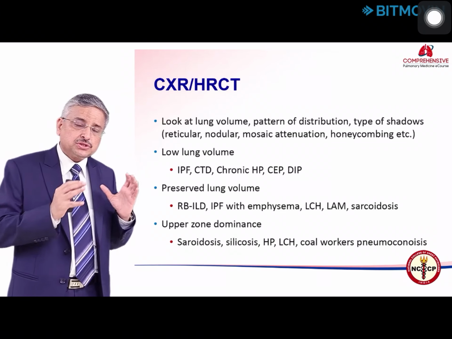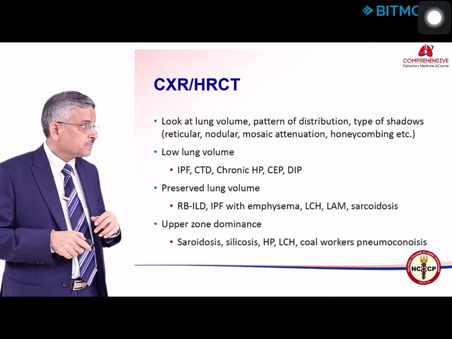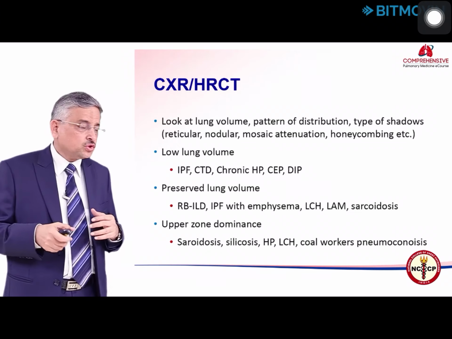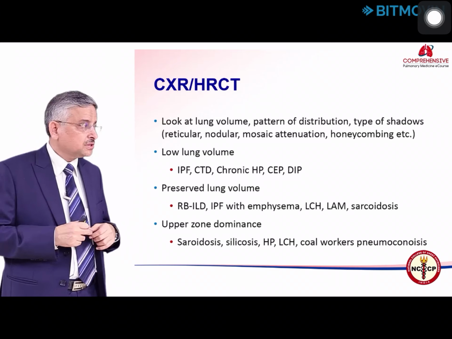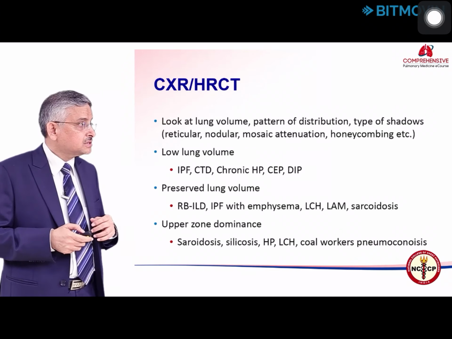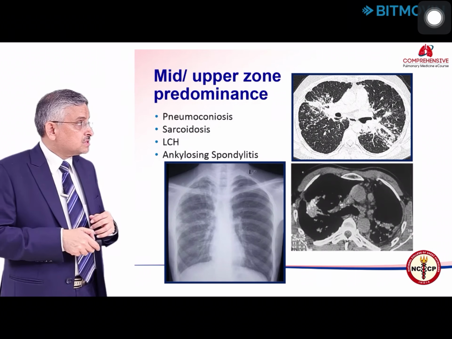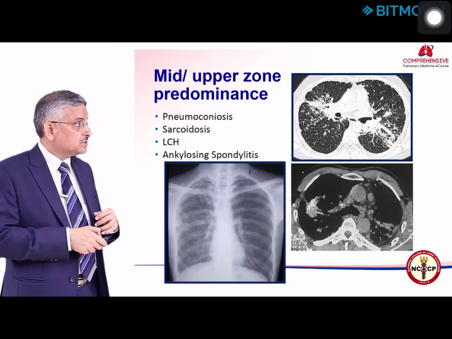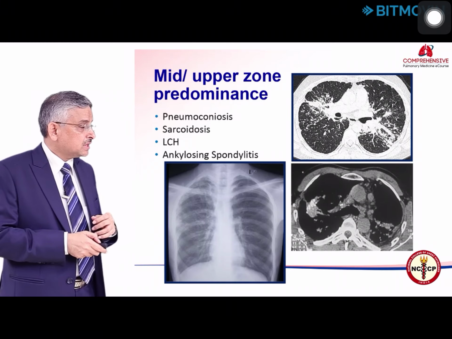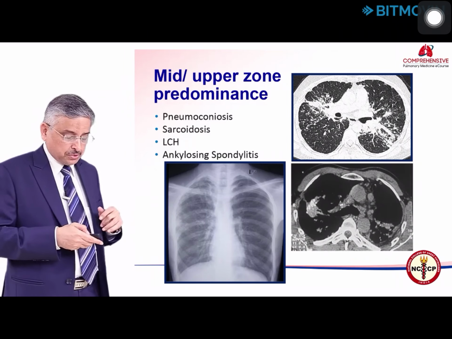These are the ILDs in which the lung volume is actually preserved. If you have an ILD which is upper zone dominant, think of sarcoidosis, silicosis, HP, LCH and coal workers pneumoconiosis. Pneumoconiosis, sarcoidosis, LCH and ankylosing spondylitis are the common causes.